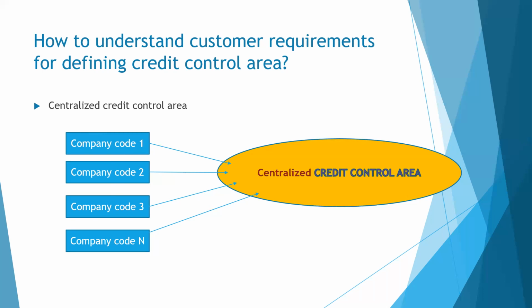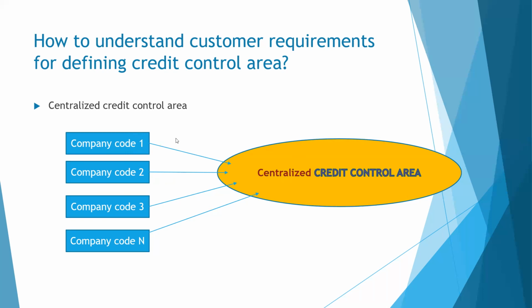Indirectly, it is controlling all the customers which fall under all company codes. In certain cases you can say centralized credit control area is single entity wise also. But when it comes to assignments, you have to define the same credit control area to all the company codes.